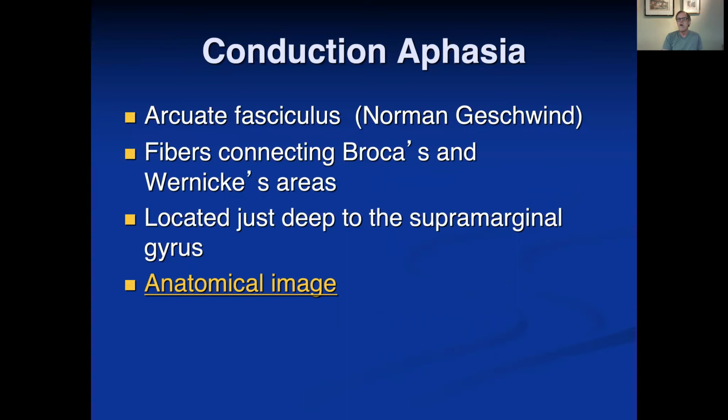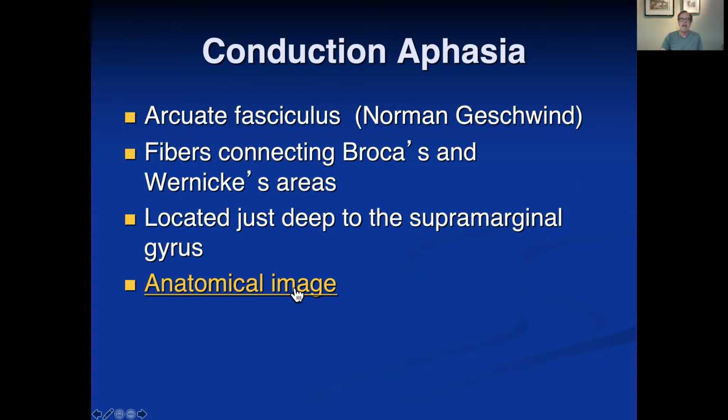Conduction aphasia involves the arcuate fasciculus. Remember the connection, the band of white matter connecting the anterior and the posterior areas, connecting Broca's and Wernicke's, located just deep to the supramarginal gyrus. I will look at that supramarginal gyrus here. Here's the supramarginal gyrus.